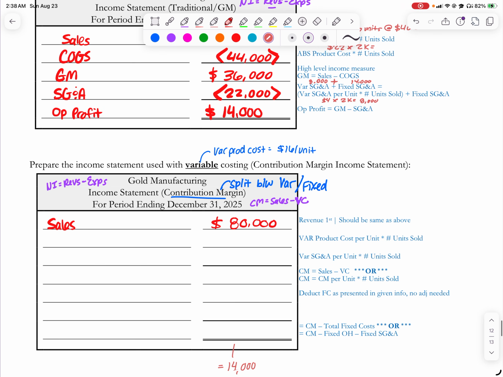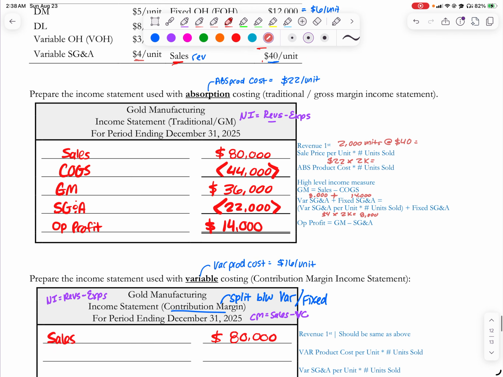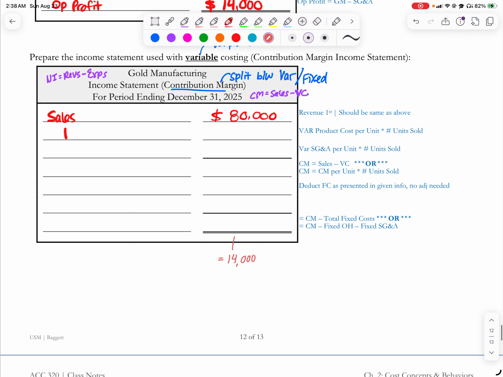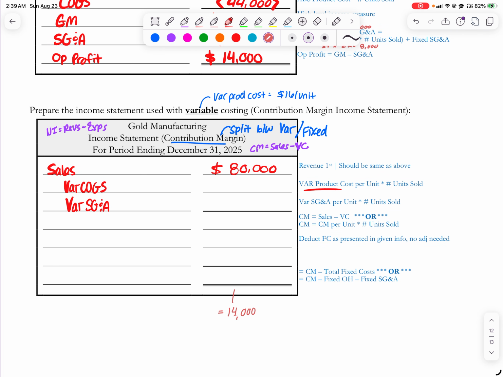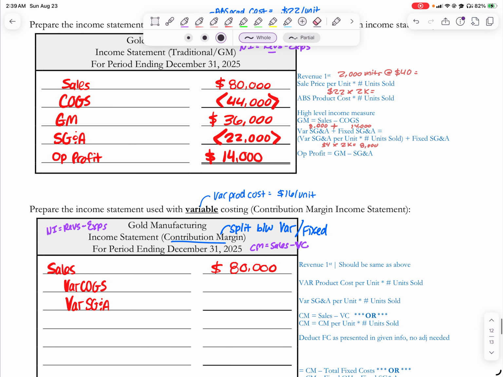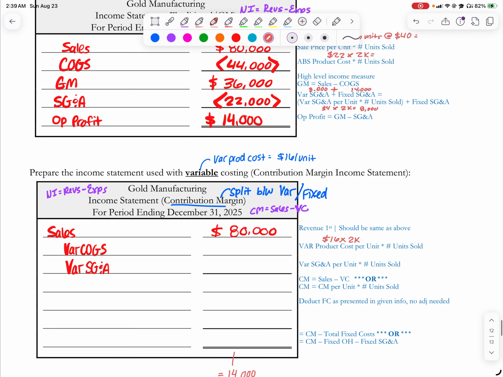So, I want my variable cost of goods sold. I also want the variable elements of SG&A. So I use my variable product cost, which was $16 per unit, and multiply by the 2,000 units that I sold.